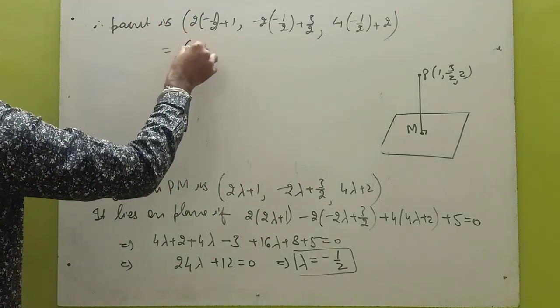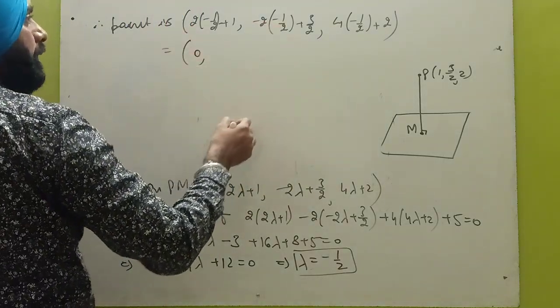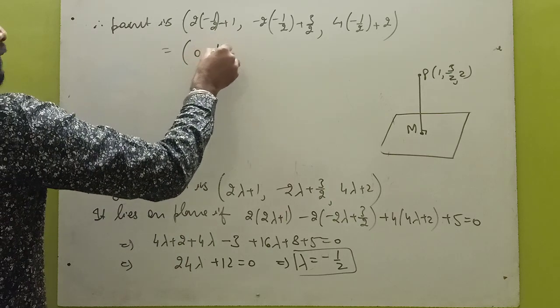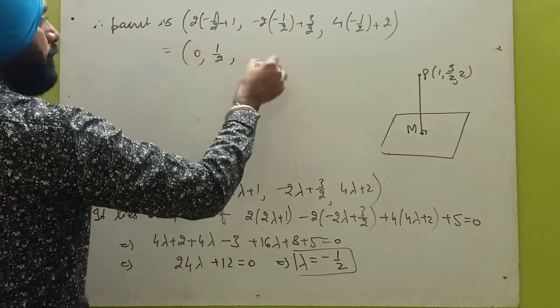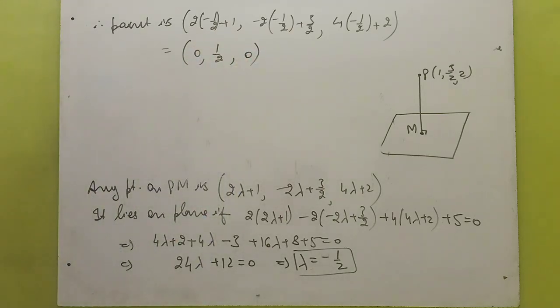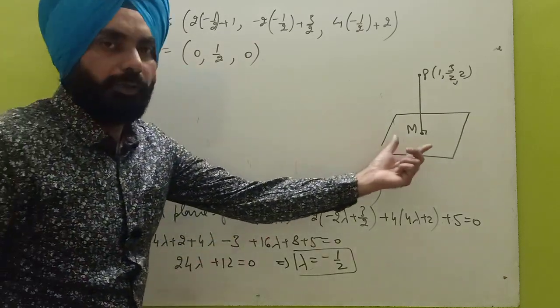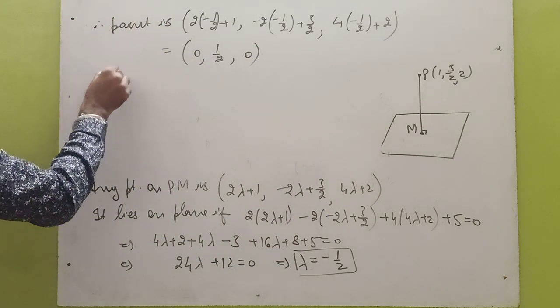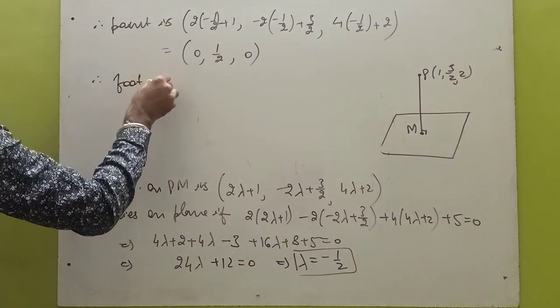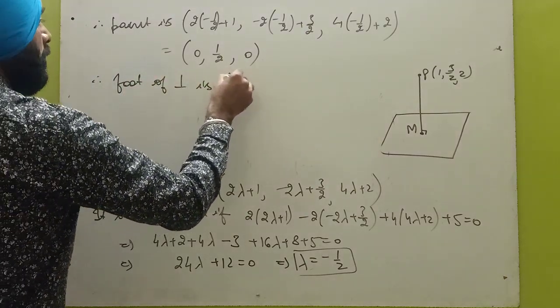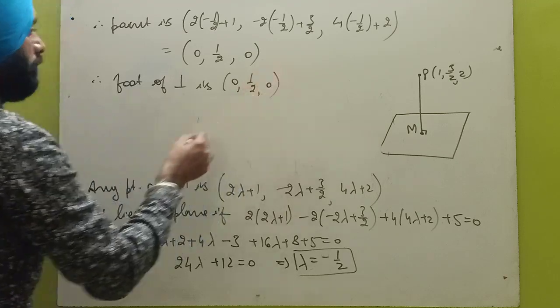So the point is 0, and this is 1 plus 3/2 minus... that is 1 by 2, and the last value is again 0. So this is the foot of the perpendicular. Therefore the foot of the perpendicular is (0, 1/2, 0).